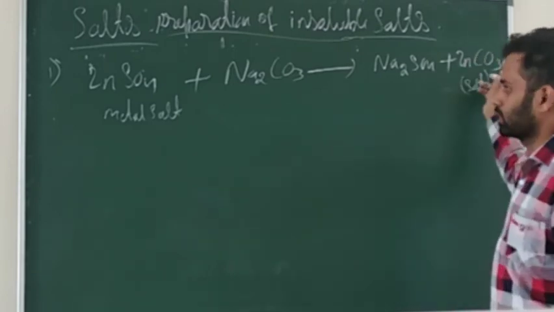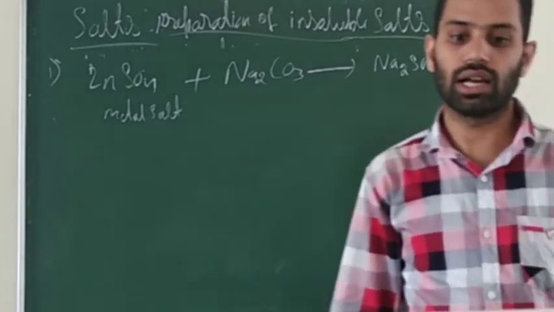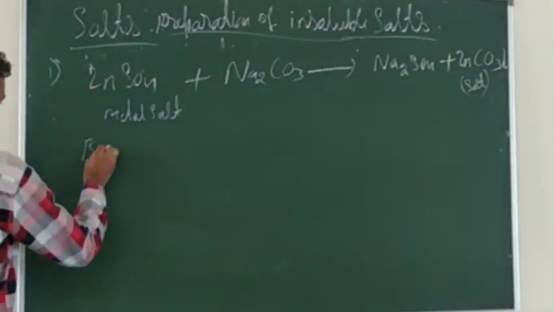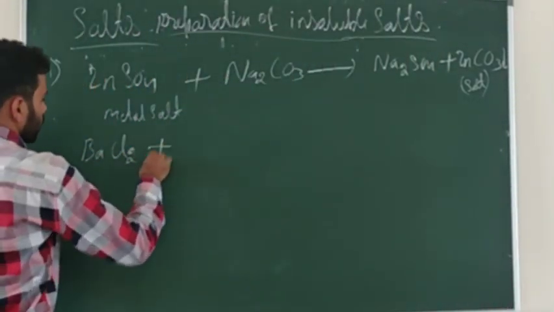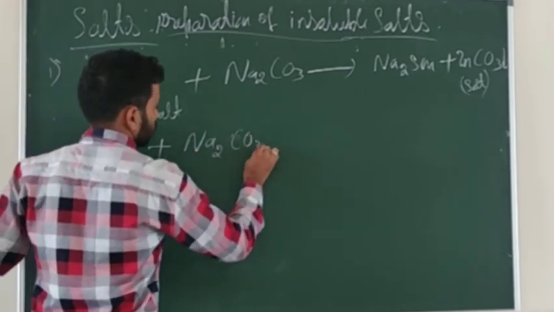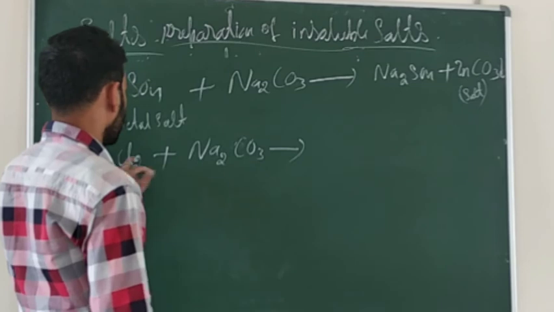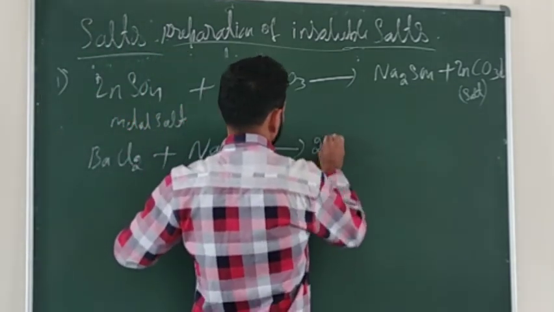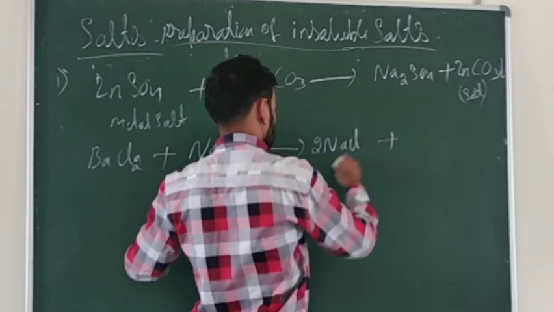So zinc carbonate is an insoluble salt. When barium chloride reacts with sodium carbonate, sodium chloride is formed, which is a soluble salt.